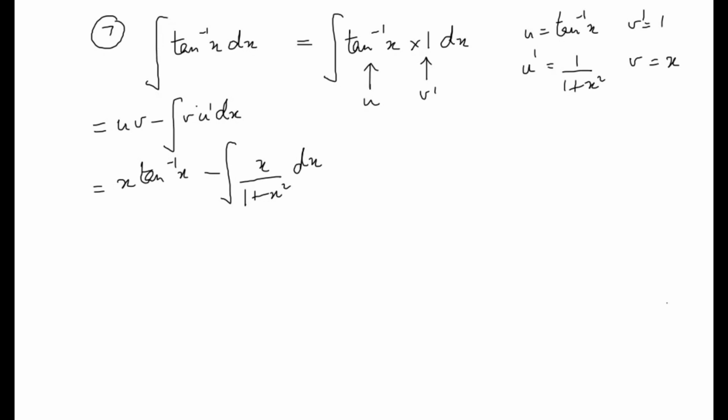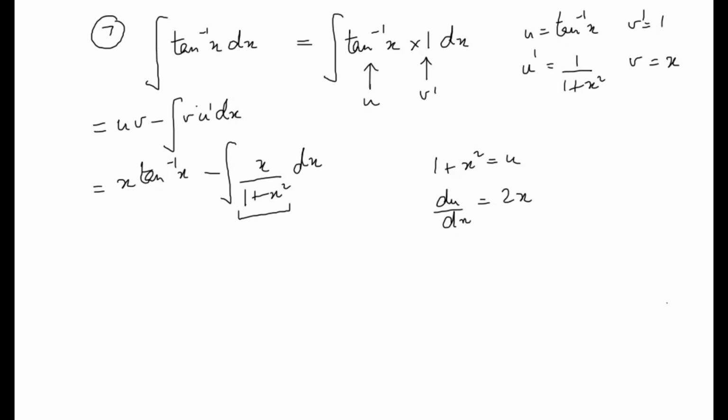Right. Now, what do we do with this integral here? This is a perfect example of integration by substitution. So, we're going to substitute 1 plus x squared is equal to u, and du by dx is 2x.